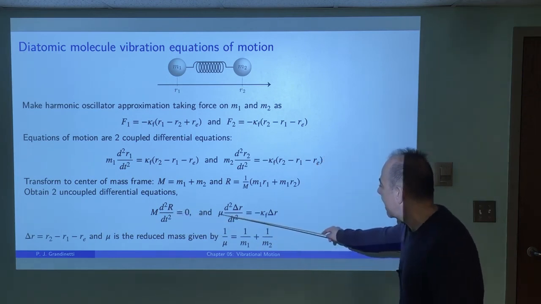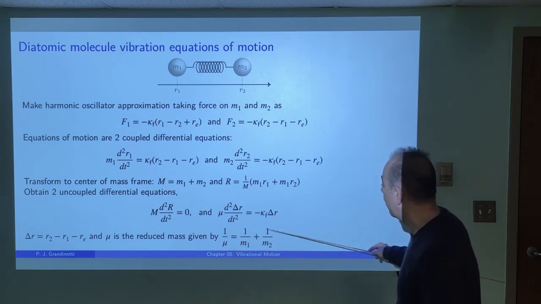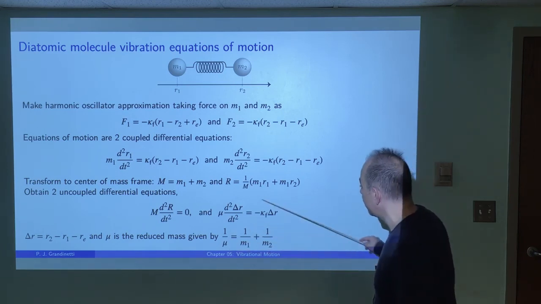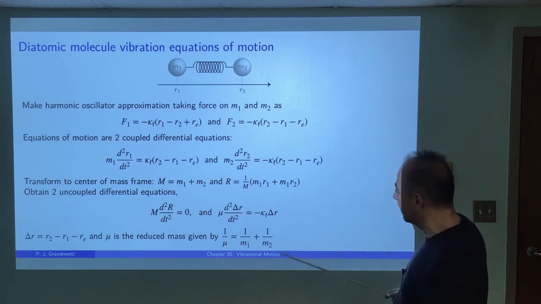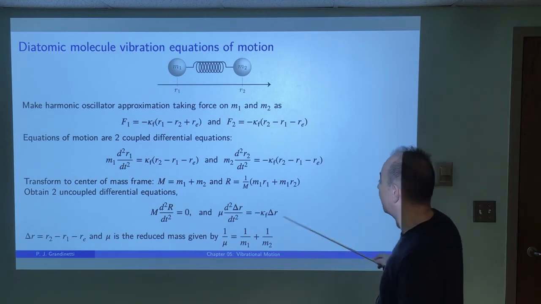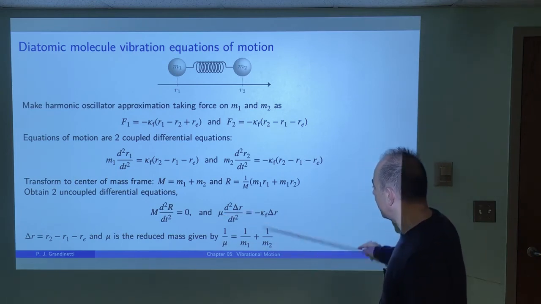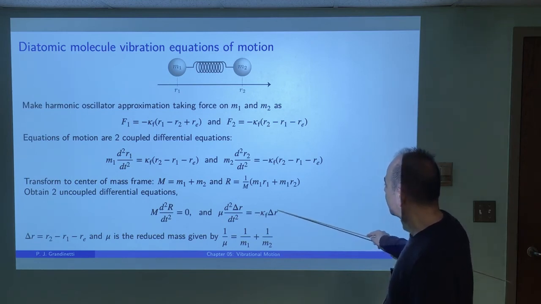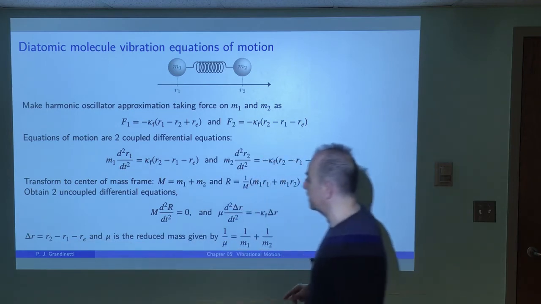And then this other one involves what's called the reduced mass, which is defined as 1 over mu equals 1 over m1 plus 1 over m2. It's a differential equation that looks exactly like the simple harmonic oscillator differential equation. Instead of mass, we have reduced mass times the acceleration equal to minus k_f times delta r, where delta r is defined as this difference here.